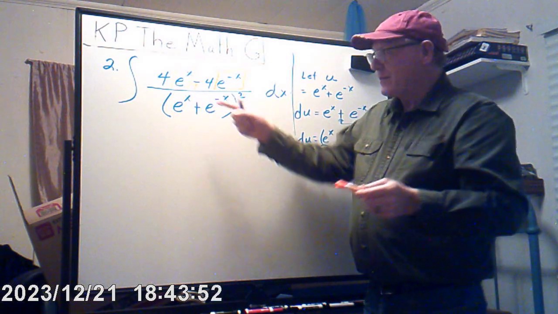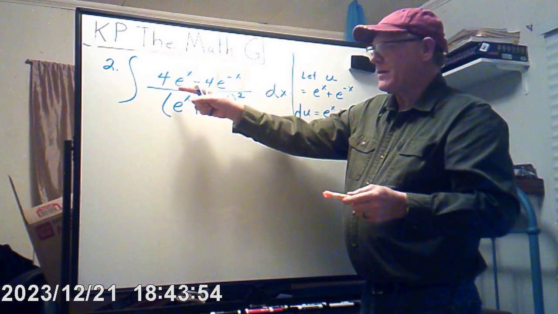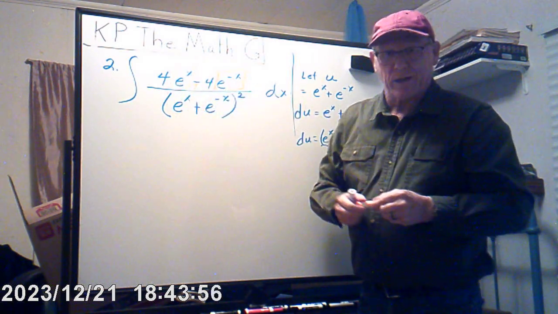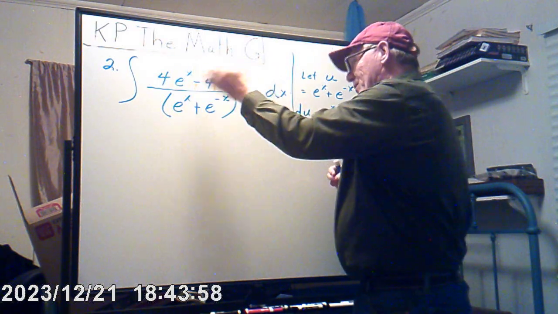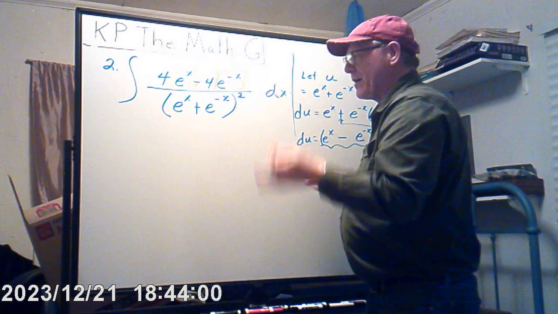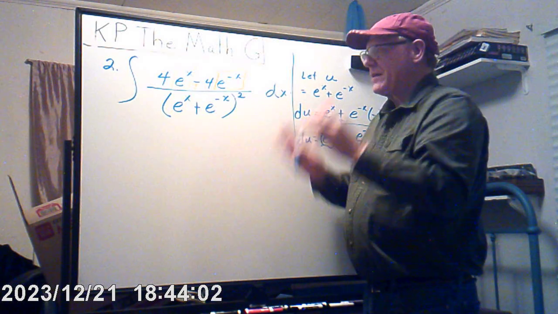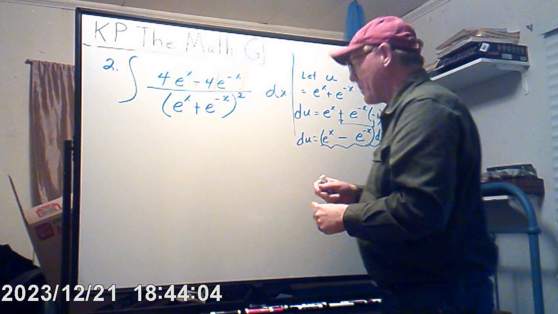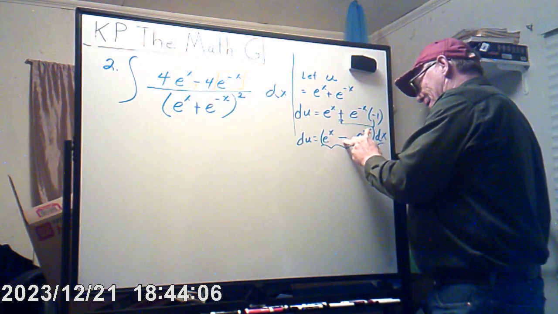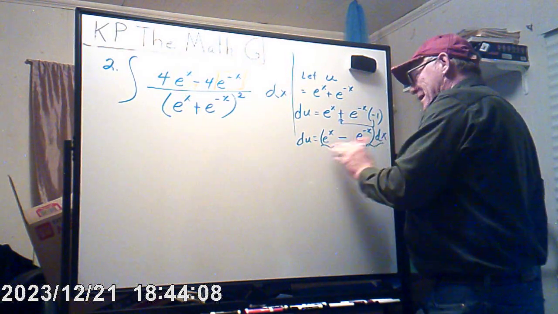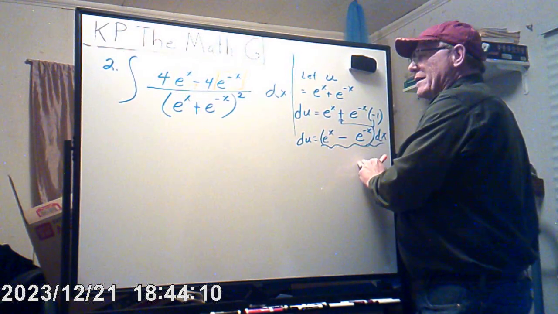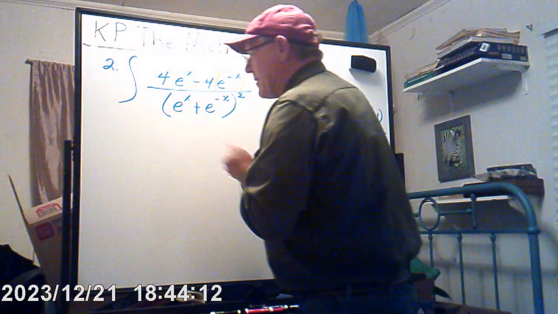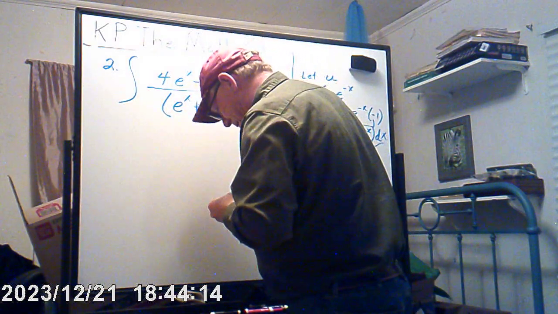So I could rewrite this numerator by taking out a 4, can't I? I could take a 4e to the something power, or e to the negative x, or e to the x out, but I don't want to do that. I'm going to take out the 4 because I already have e to the x minus e to the negative x dx. I have what I'm looking for, really. So if I do this and take out the 4, I'm going to put this out in front.